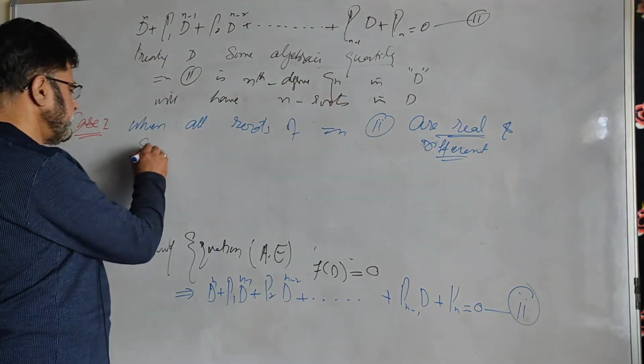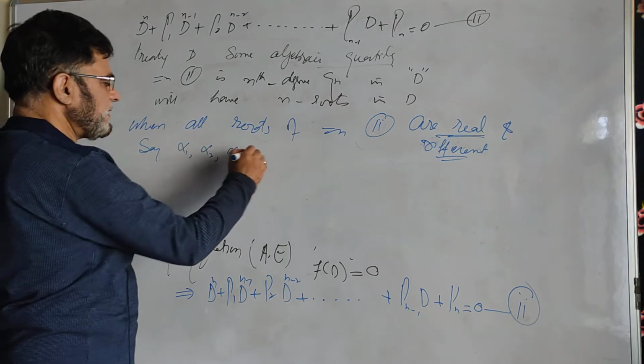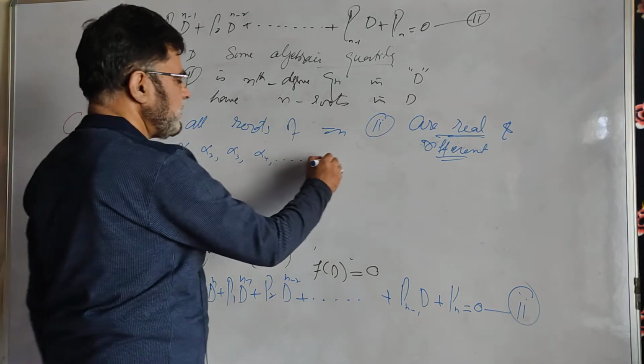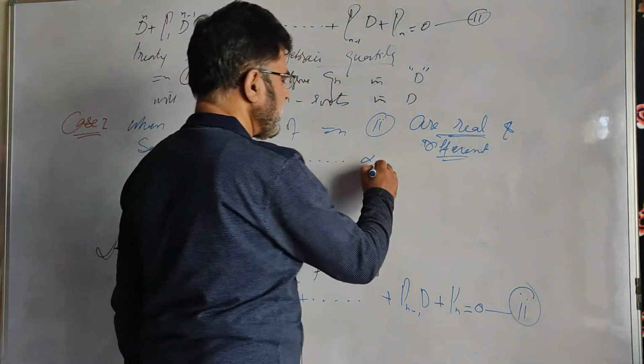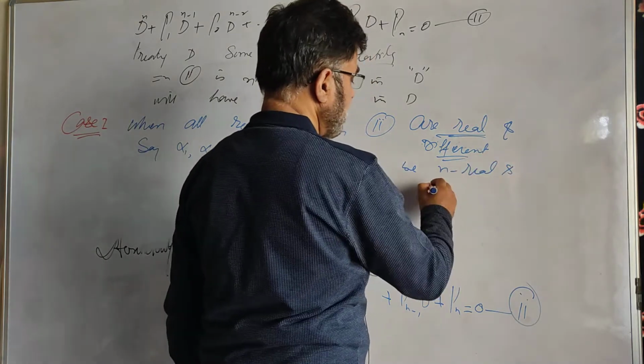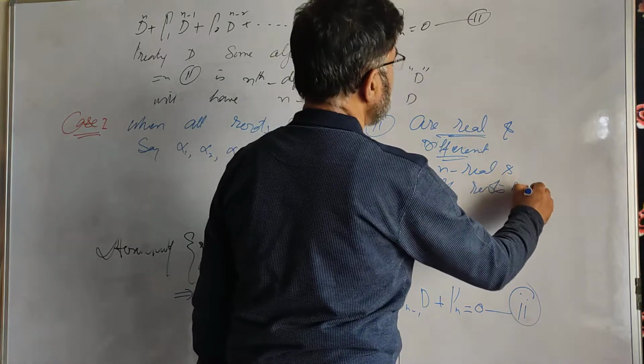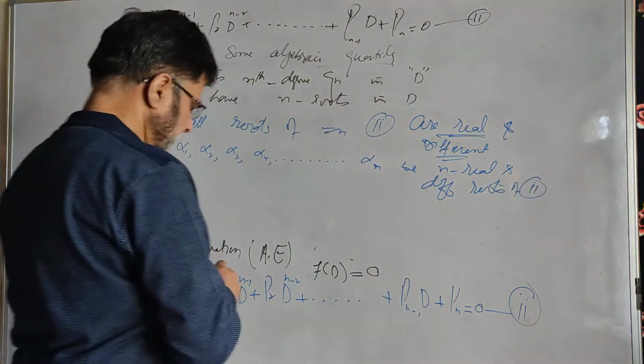Say alpha 1, alpha 2, alpha 3, alpha 4, ..., alpha n be n real and different roots of the second equation.